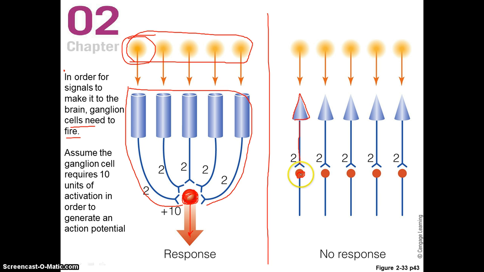So this ganglion cell receives inputs only from this cone. It's not receiving any input from this cone, or from this cone, or from the others. So there's no convergence over here. This is what the situation looks like for cones in the fovea: no convergence. Whereas this is the situation for rods: lots of convergence, all of these rods converging onto this single ganglion cell.